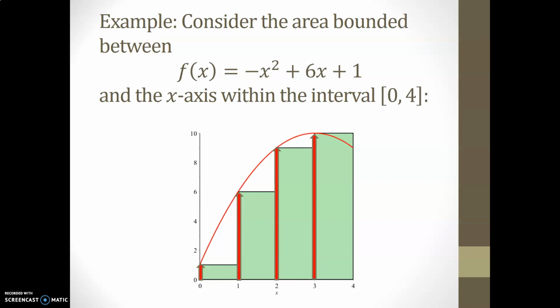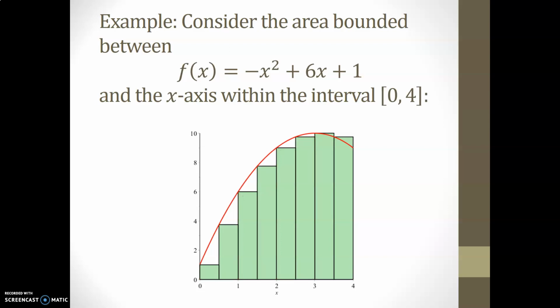You'll notice that there are pretty big underestimations taking place in the first 3 rectangles, and there is a slight overestimation taking place in the last rectangle. Here's the kind of drawing you would get if you went to a more sophisticated approach where 8 rectangles are used.